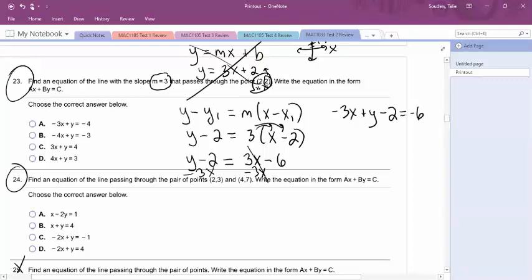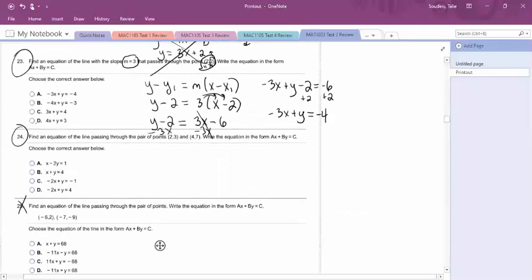And now we want to get rid of that negative 2, right? So how could we move it to the other side? You add it. Add 2 to both sides. So now we get negative 3x plus y equals negative 4. Is that one of our answer choices? Yes, it would be A. Good.